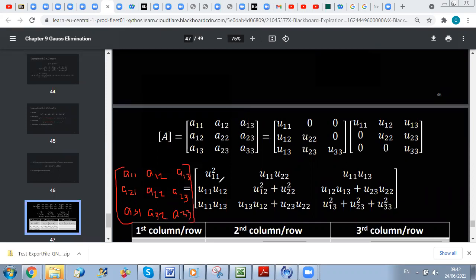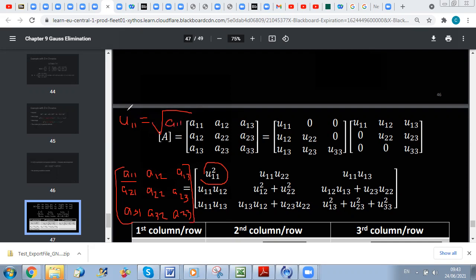Why? Because first you start with this one. Okay, you start with the first column. You have U11 squared is equal to A11. So directly you can say that U11 will be equal to radical of A11.